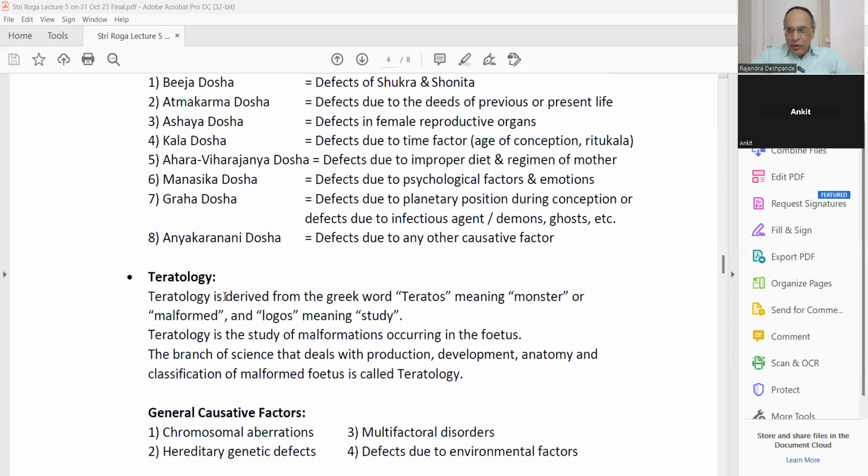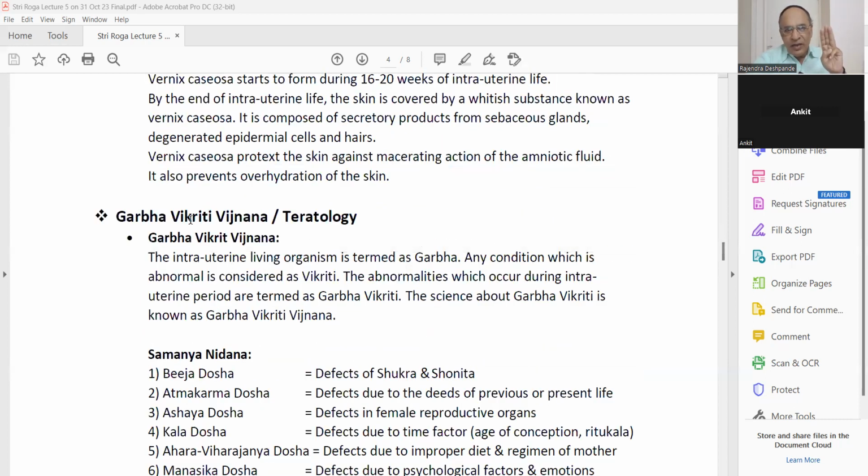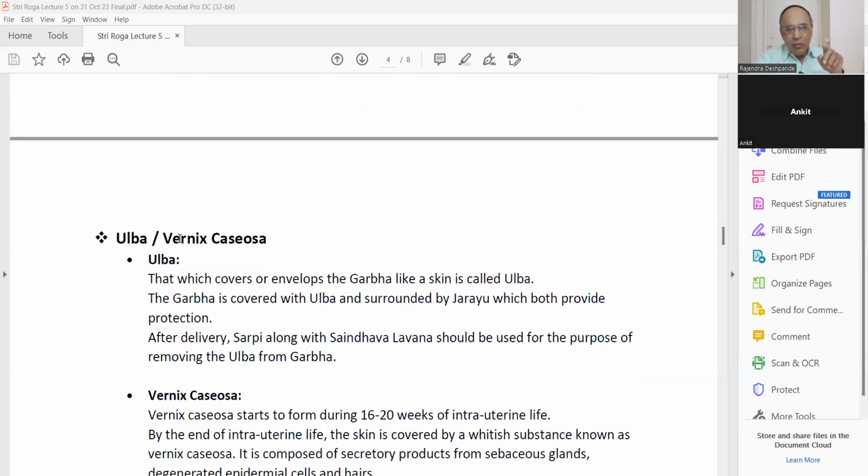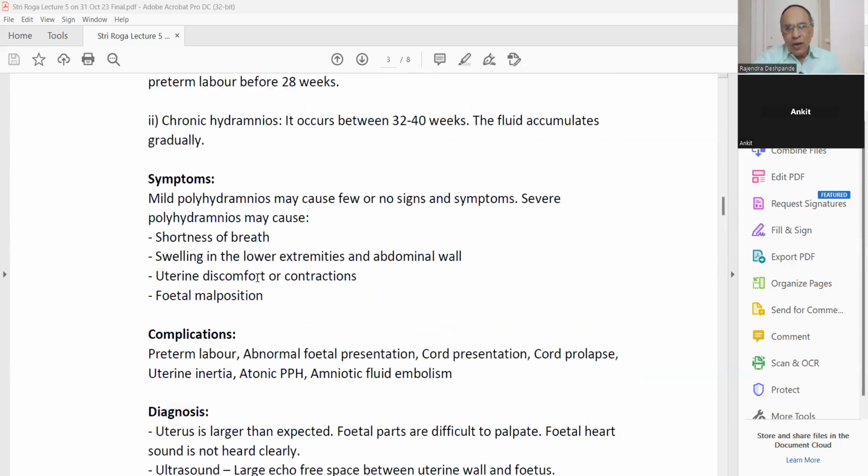Inside the uterus, if the baby has some abnormalities, that is called teratology. Logy means science. I think you have written 3 words: Garbhodak or the amniotic fluid, then Garbha Vikriti Vijnana, and in between Ulba or Vernix Caseosa. So these minimum things we will cover. If time permits, we will go ahead.